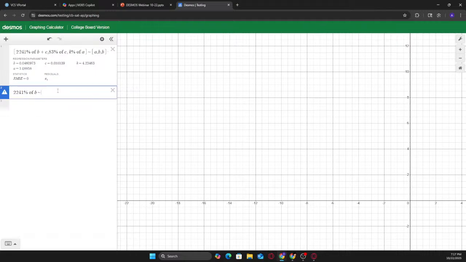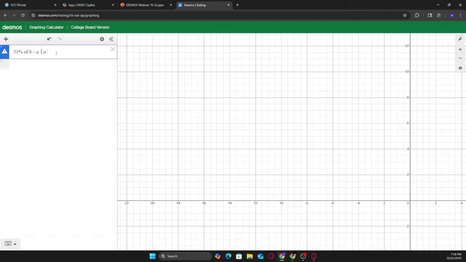So regression to A, say 20% of B is A, and we have a boundary of A greater than 0, and B is also greater than 0. So we're given some number, because this is linear regression.